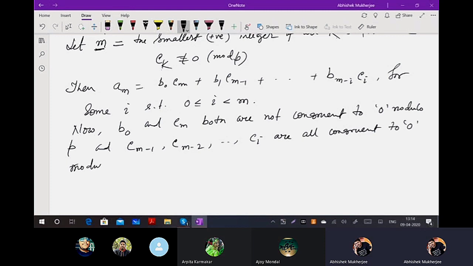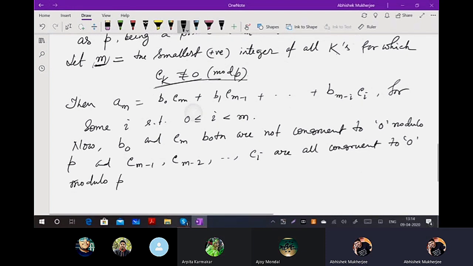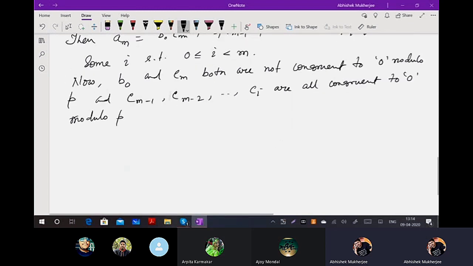The reason is that we have chosen this m as the smallest positive integer of all those k's for which ck is not congruent to 0. So all other coefficients with index less than m must be congruent to 0 modulo p. So this is the reason.